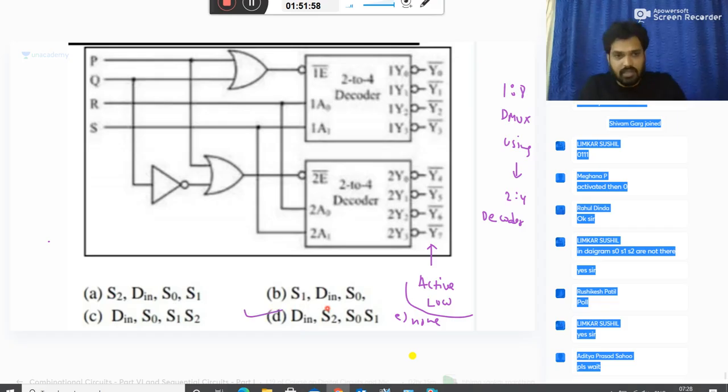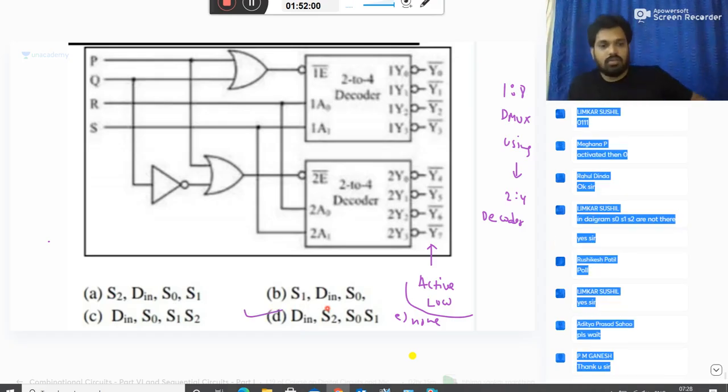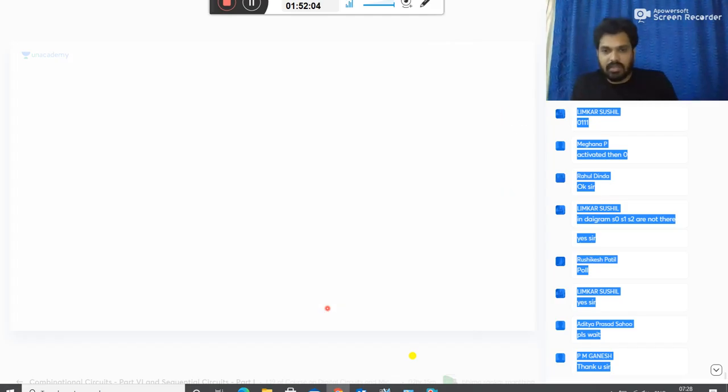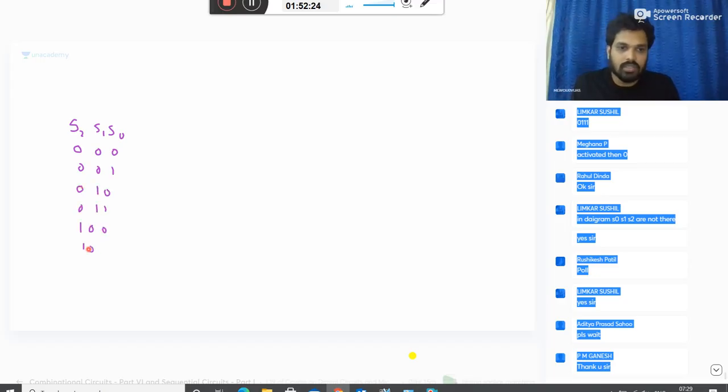So let me explain these things. Those who don't understand the question, please understand. You should make a demux using decoders. So here S2, S1, S0 will be 000, 001, 010, 011, 100, 101, 110, 111.